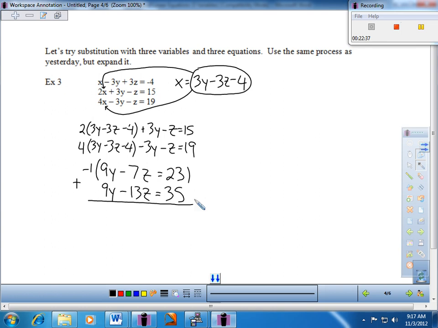If you're uncomfortable doing that, then again, multiply the top equation by negative 1 and rewrite the system, then add. But if I do this correctly here, I got a 7z now and a negative 13z. I'm seeing this as a negative 6z, and then a negative 23 and a 35 make 12. And so I get z is negative 2. All right, great.